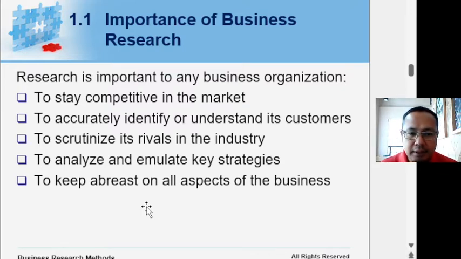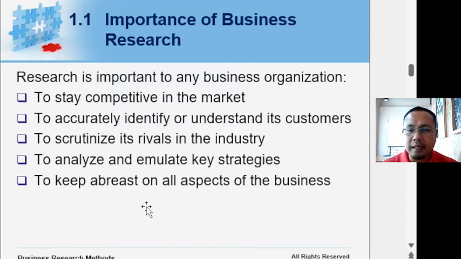So that's why research in business can play a big role to make sure that we can get the right information and make the right decision, and that decision must be focused on the customer's needs.